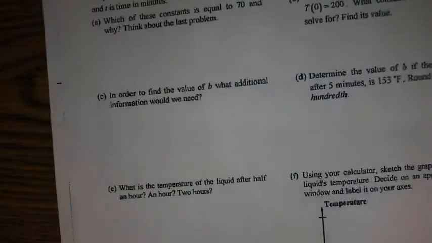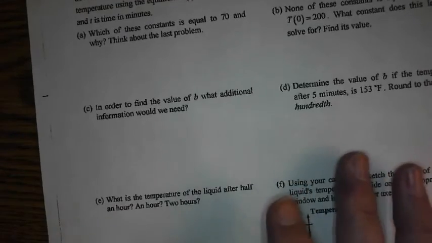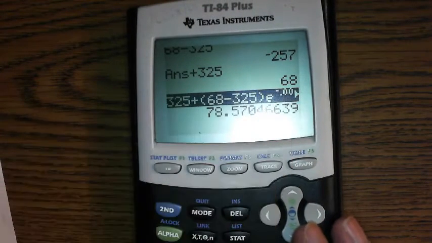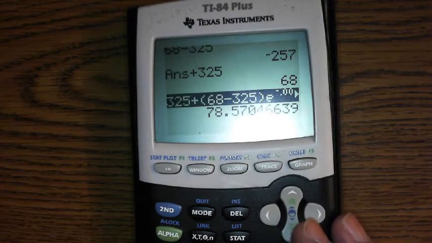Yep. Bring it up. You may. You have the wrong exponent. It's negative 0.066, and you probably have 0, 0. You have an extra 0 in there.